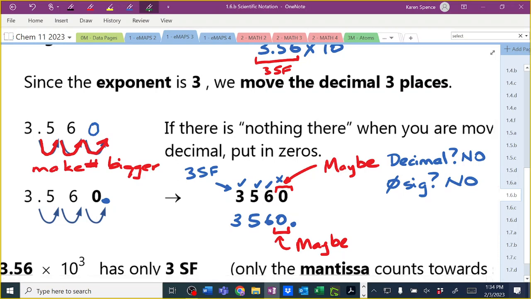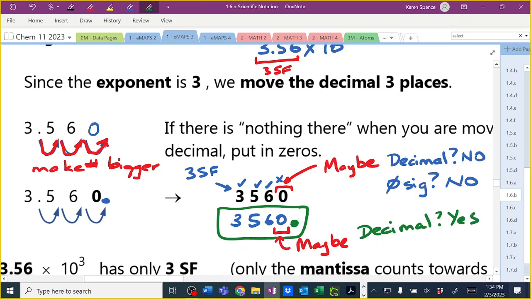In our second number down here, we say maybe, and we ask ourselves again, is there a decimal? And in this case, we say, oh, look, yes, there is. I've drawn it big and huge at the end there. So decimal, yes. So is that 0 significant? The answer is yes.